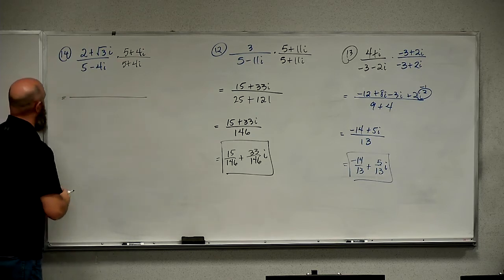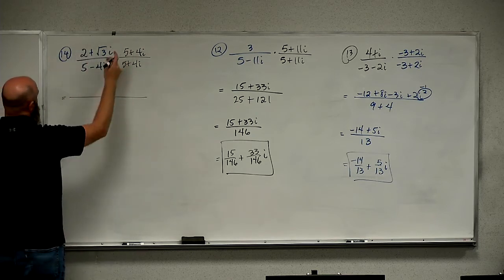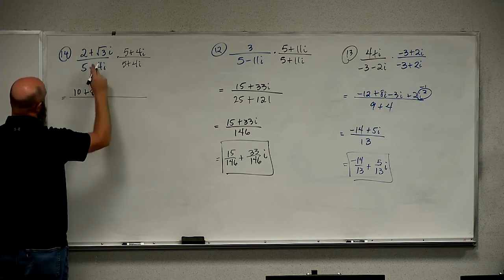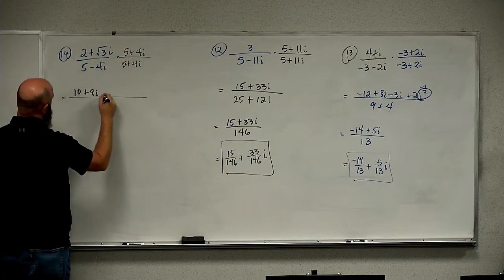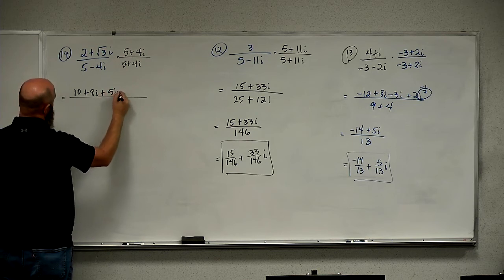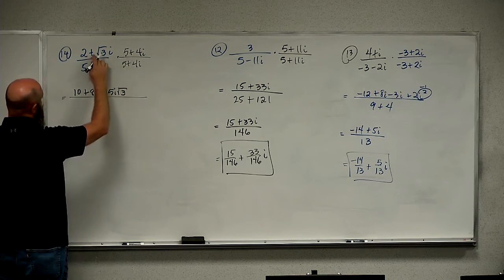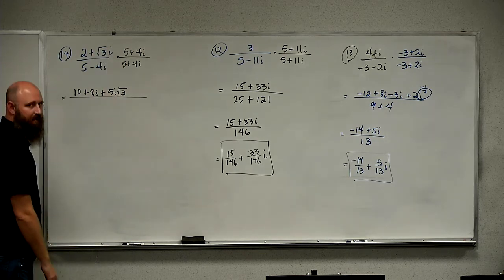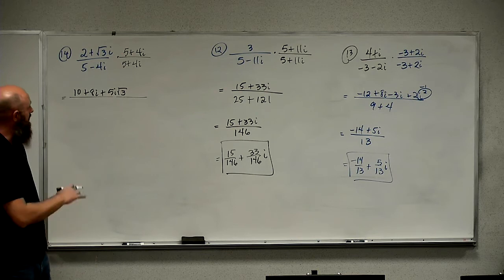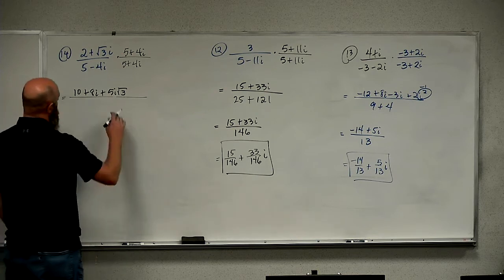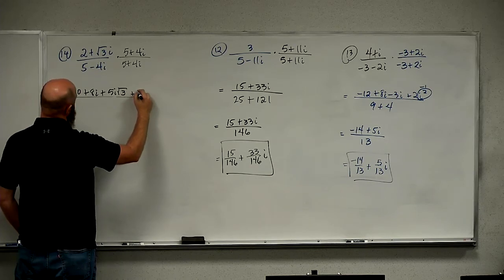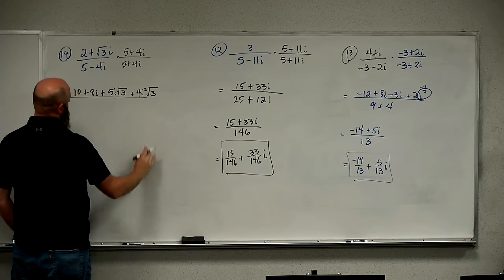And so on top, let's go ahead and multiply that out. We're going to get 10 plus 8i. Here, that's going to give me plus 5i square root of 3. So I'm putting the 5 in front. I'm moving the i in front as well, because I just don't like that in front or after the problem there. And then for our last one, we're going to get plus 4i squared square root of 3.